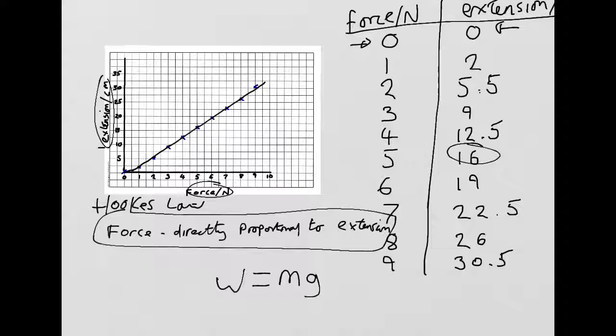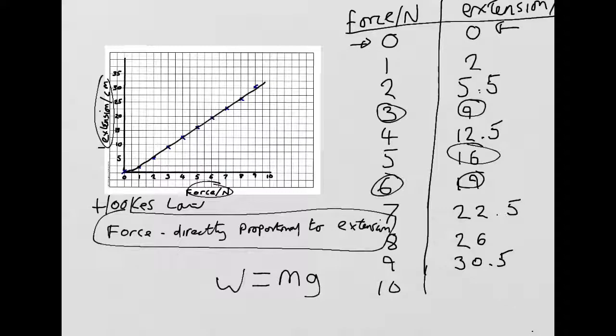Double this to 10. Maybe 5 is a bad example because we didn't actually get to 10 newtons. Let's do 3 instead. So 3 gives us 9 centimeters of extension. Double that to 6, and you get 19, which is pretty much double. In a perfect world, it would be double.